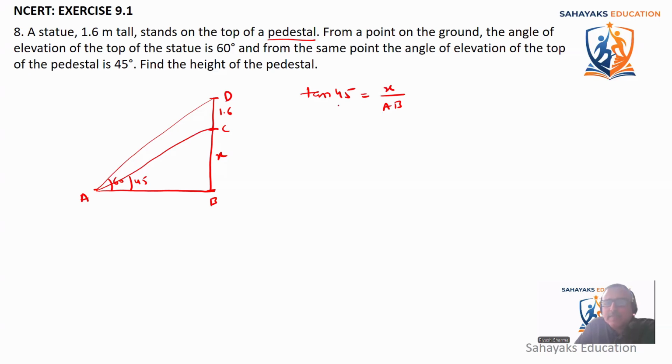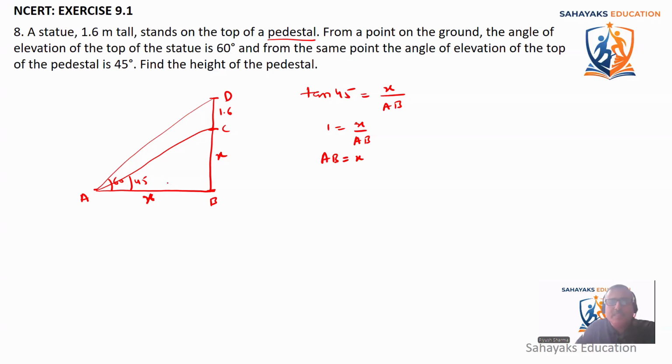So tan 45 is 1. 1 is equal to X divided by AB. And this gives us the value that AB is equal to X. That means the distance from which we are seeing the pedestal is X.